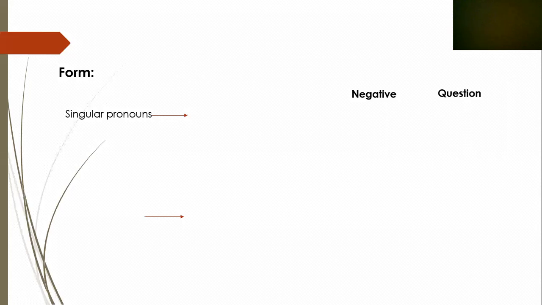The first one is the singular pronouns, which are she, he, or it. We add after them a verb, but with this verb we attach S. We call it the singular S, okay?